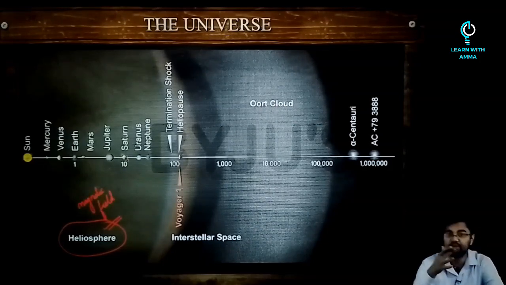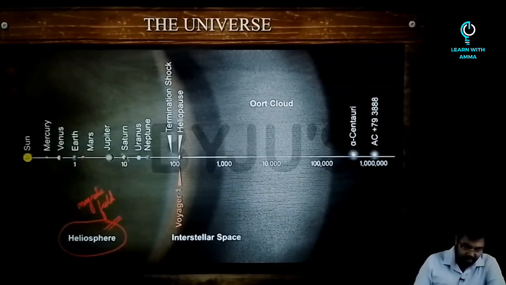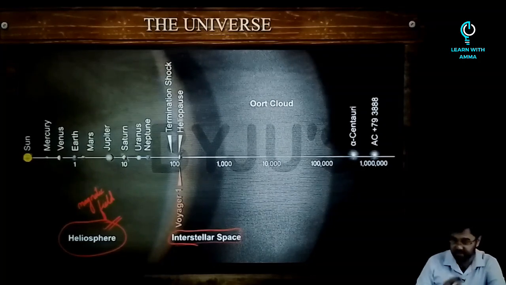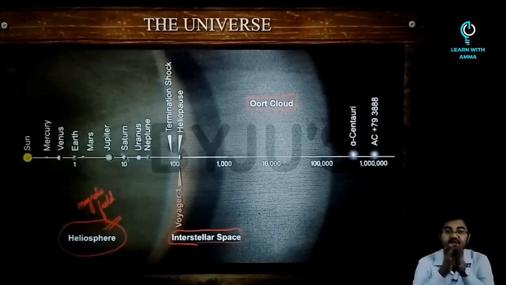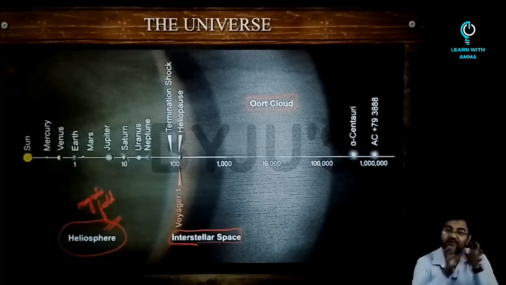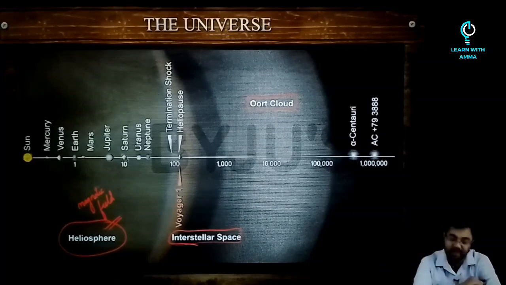The solar winds of the sun can have some effect up to the heliosphere. After the heliosphere you have interstellar space, where we are supposed to have nothing, and then you finally have the Oort cloud. The Oort cloud is, you can say, the no man's land between our solar system and the other systems that exist in our Milky Way galaxy.